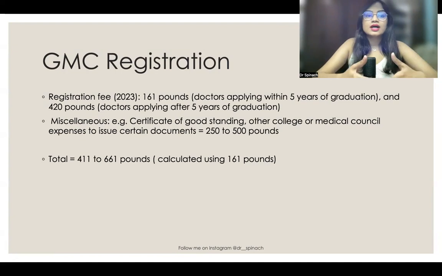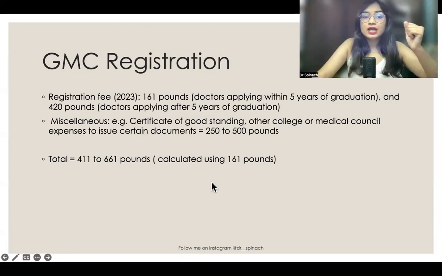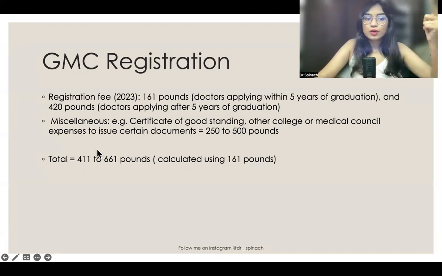And in total, for GMC registration, this total is only for the doctors applying within 5 years of graduation, so calculated using £161 as the base. If you are applying after 5 years, then please subtract 161 and add 420 pounds to this number. So in total, at the end, for GMC registration, you'll require £411 to £661.